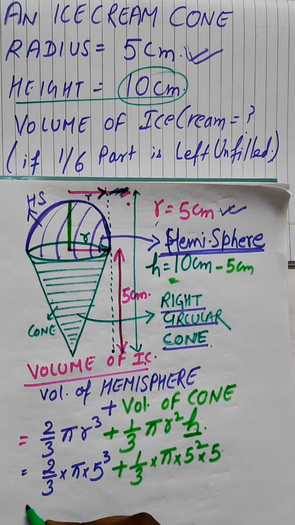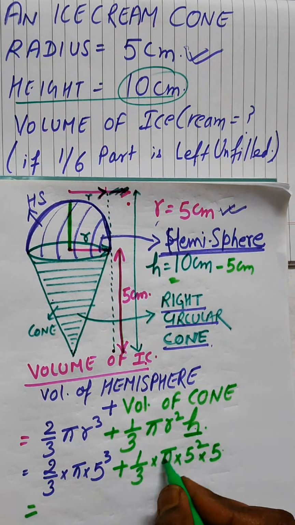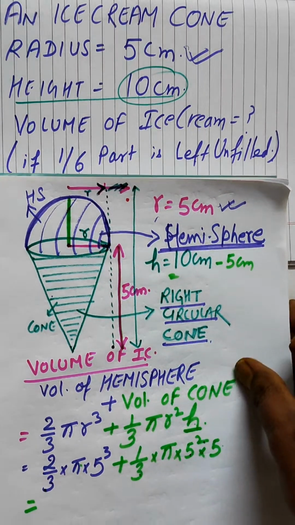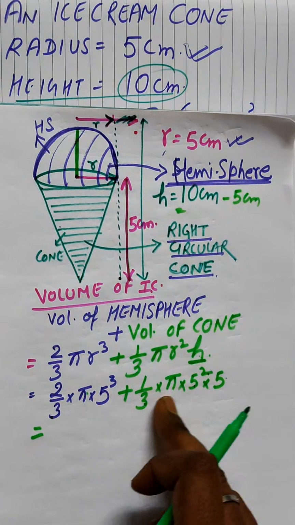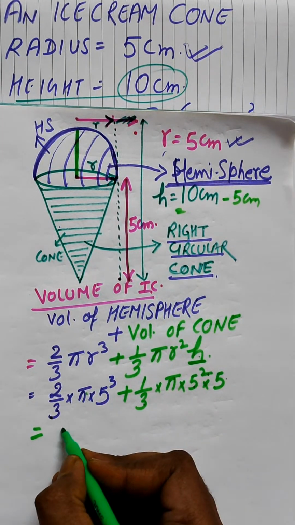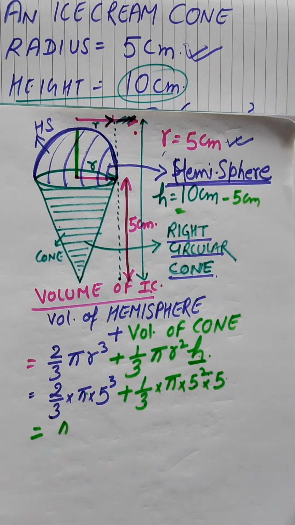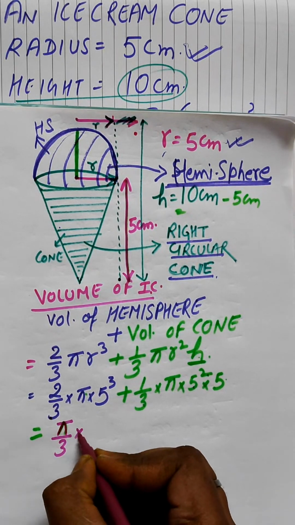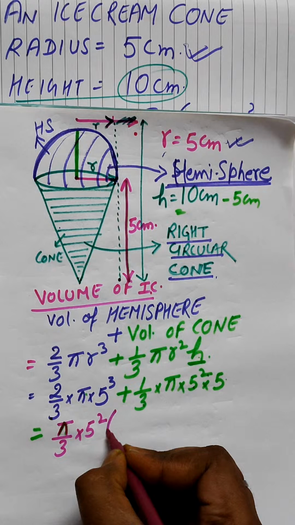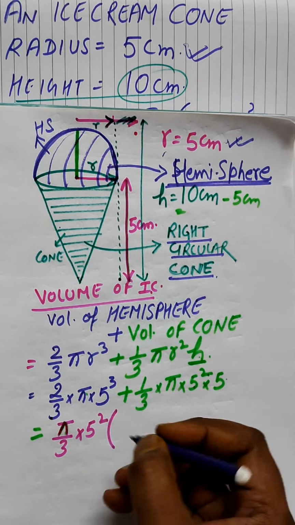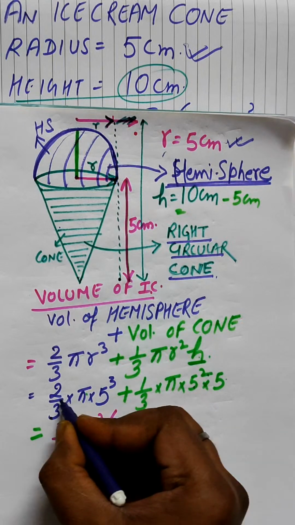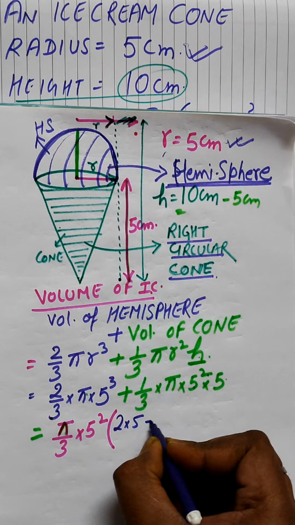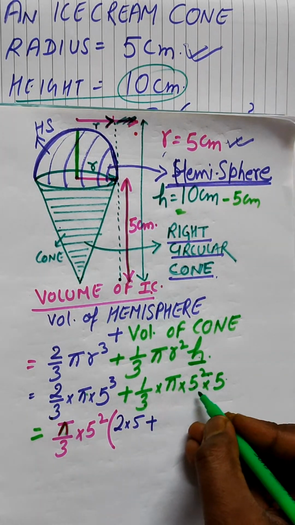So here you can see pi by 3 and 5 square is common in both the volumes, right? So what we will do, we will take pi by 3 into 5 square common, and inside the bracket we are left with 2 into 5 from the hemisphere volume plus 5 from the cone volume.